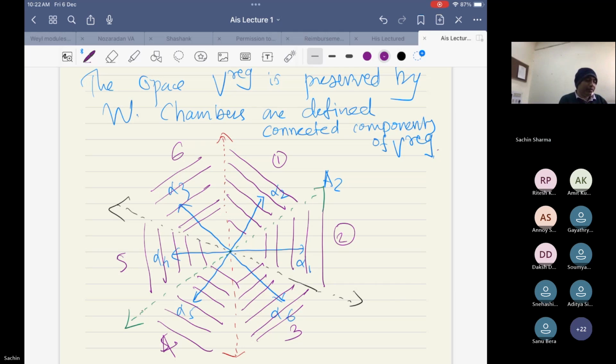I have a question. You said that we'll be working with reduced root systems. So what is the connection between a non-reduced root system and a reduced root system? Very good question. Unfortunately, Professor Shraddha couldn't complete that. We are mainly working with semi-simple Lie algebras, and in a semi-simple Lie algebra the root system turns out to be the reduced one: if alpha is a root, 2 alpha is not a root.